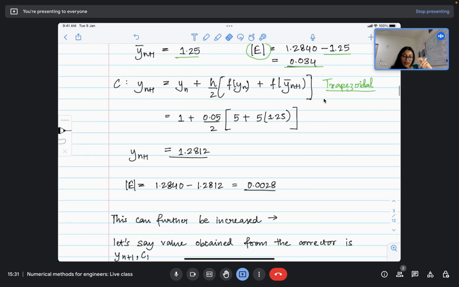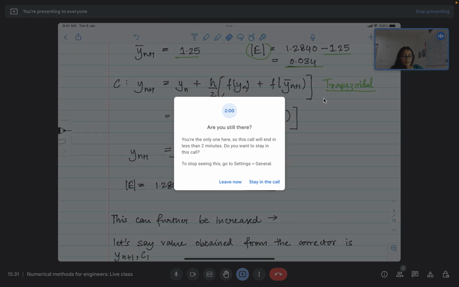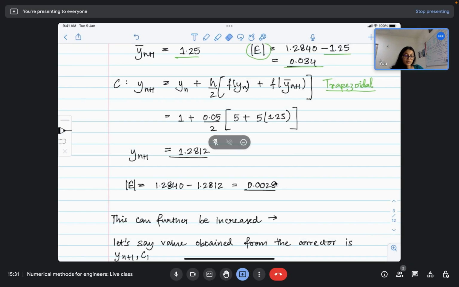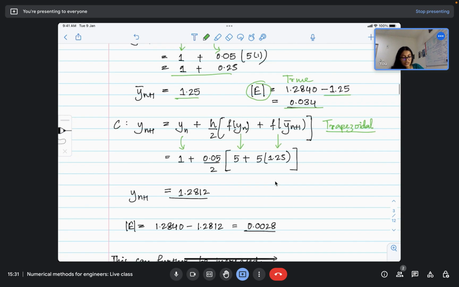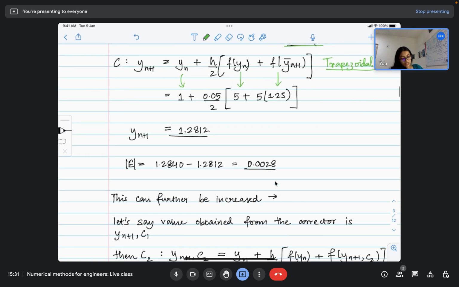So yn plus 1 is equal to yn plus h by 2 times f of yn plus f of yn plus 1 bar. Now you put in all the values: this value was given to you as 1, h is 0.5, and this you just computed, 5 into 1. And this is going to be 5 into the y value that you had predicted, that is 1.25. Now you get the new value of yn plus 1 as 1.2812.